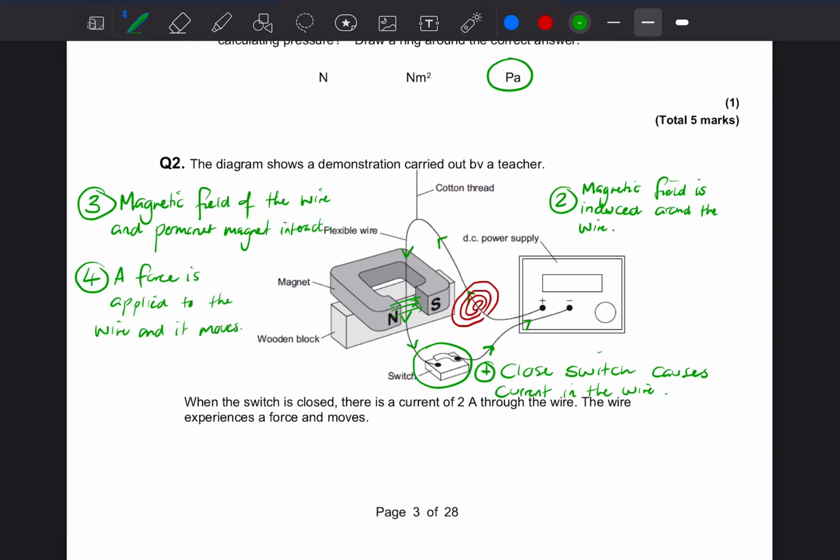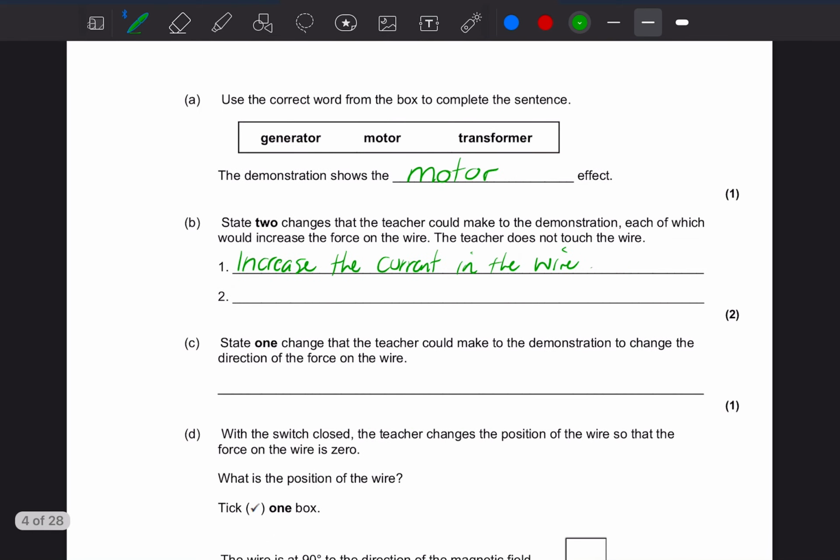Again, it's just like putting 2 magnets together. The stronger the magnets, the more force they'll exert on each other. So increase the strength of the permanent magnet. Okay.